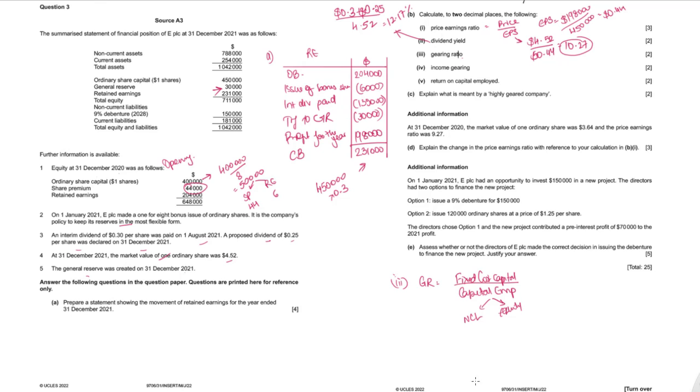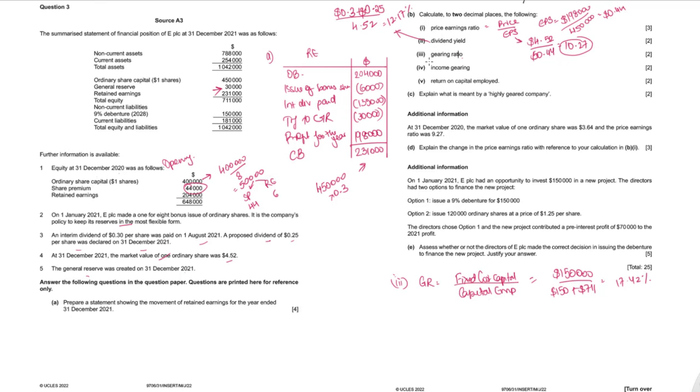So this will include your fixed cost capital plus all the ordinary share capital also. So fixed cost capital in this case is only debentures, which is 150,000, and capital employed is 150,000 debentures plus 711,000, which is total equity, and when you divide this you will get 17.42%, which means 17.42% of the total capital employed in the business is the fixed cost capital on which the company is paying a fixed percentage of interest.